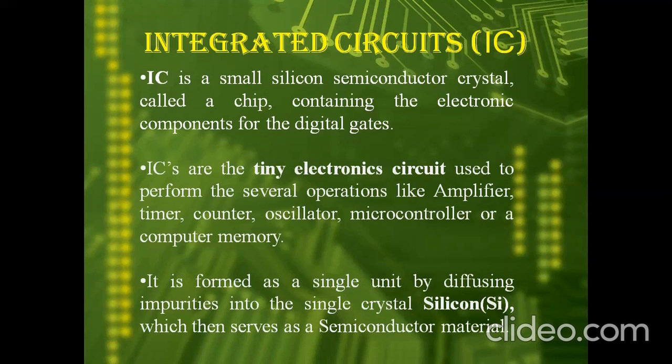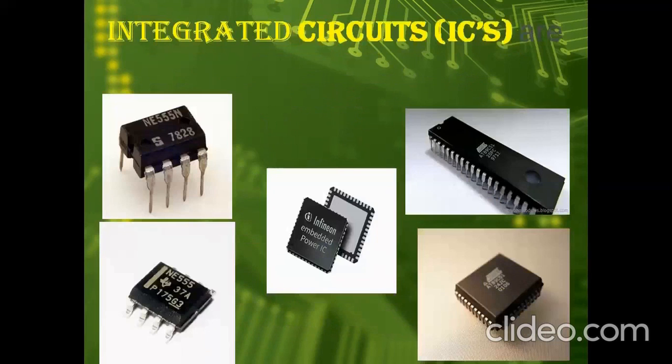When we give that signal to the amplifier, the strength of the signal will increase. This entire operation is known as amplification. An IC is formed as a single unit by diffusing impurities into a single crystal of silicon, which then serves as a semiconductor material. So these are different types of ICs.